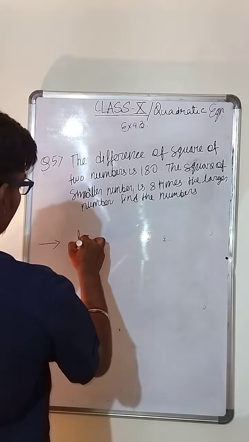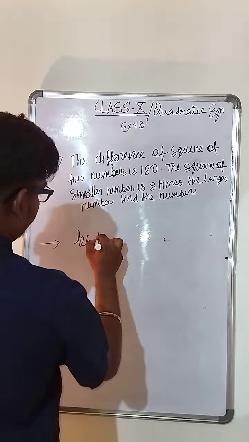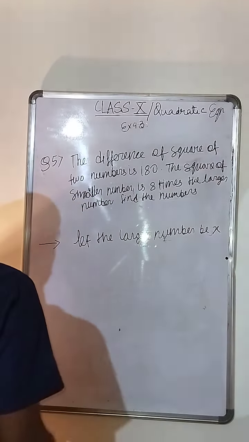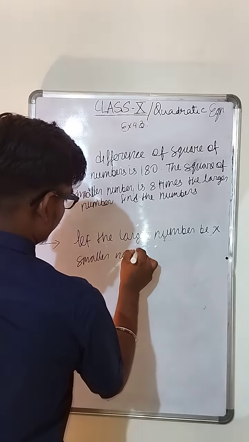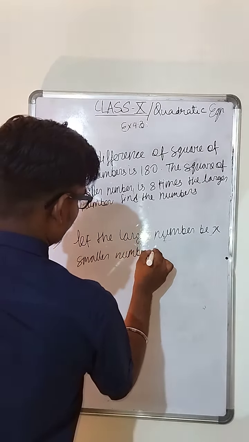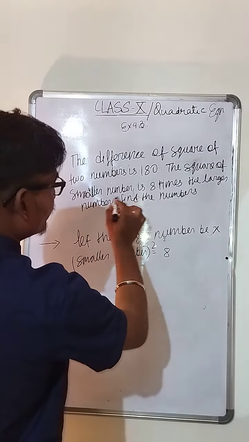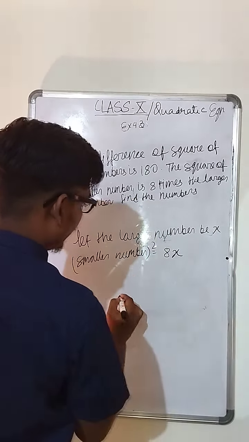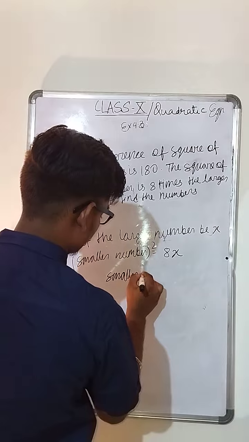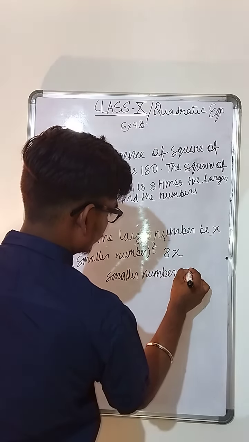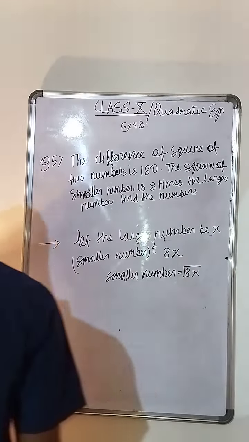So let the larger number be x. The square of the smaller number is 8 times the larger number, and the larger is x, so the smaller number will become root 8x.